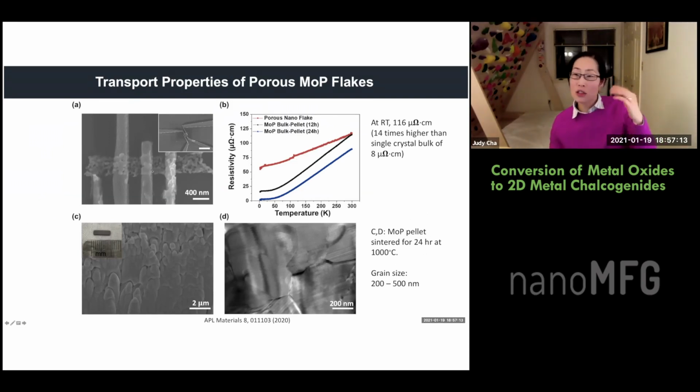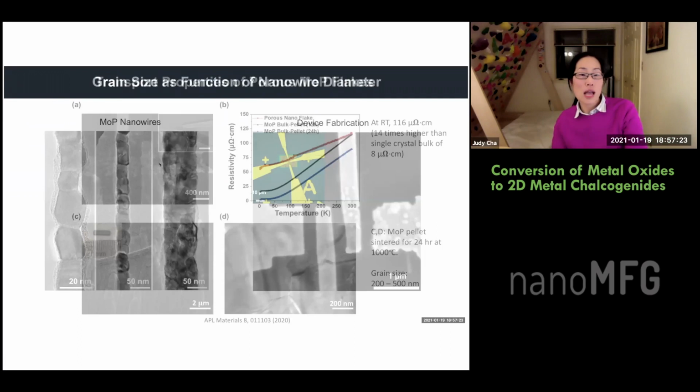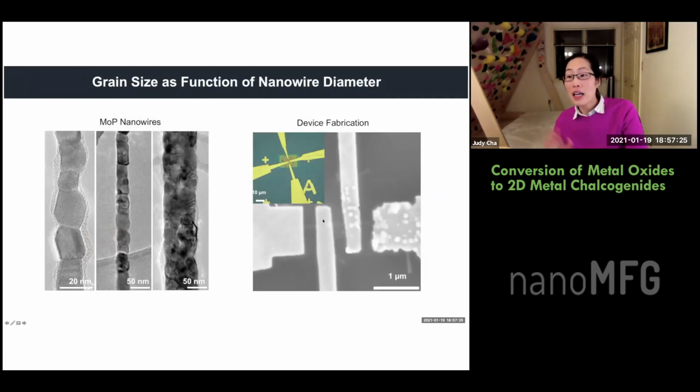I thought that this thing was going to be insulating because it's super porous, and the grains are like 20 nanometers. I'm thinking it's oxidized. So this was very promising. And then we made nanowires, and we measured the line resistance. Line resistance is the resistance per length as a function of the dimensions. And the numbers are pretty exciting.